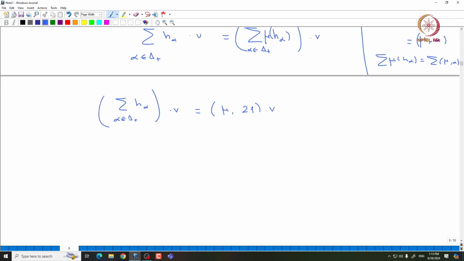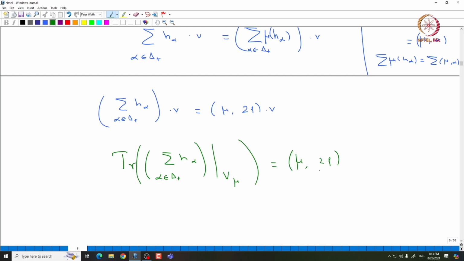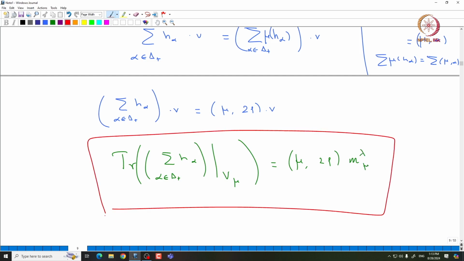So the trace of the summation of H_alpha over alpha in delta plus, restricted to V mu, is exactly equal to the inner product (mu, 2 rho) times the multiplicity of mu inside V of lambda. So this is our second summand.